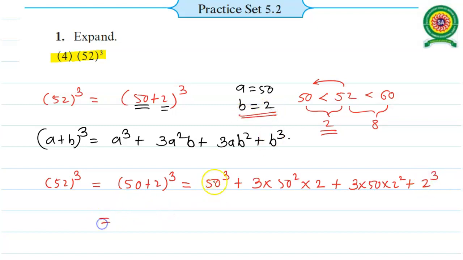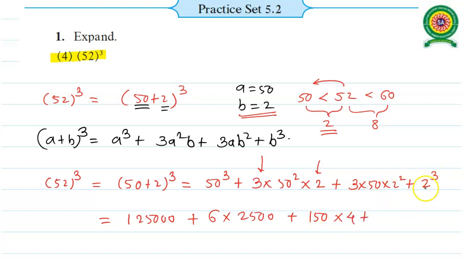So that now 50 cube becomes 50 into 50 as 2500, 2500 into 50 we are getting 1,25,000, plus 3 twos are 6, so I am writing 6 into 50 square, we have 50 into 50 as 2500, plus 5 threes are 15, so that we are getting 50 into 3 as 150 into 2 square as 4.